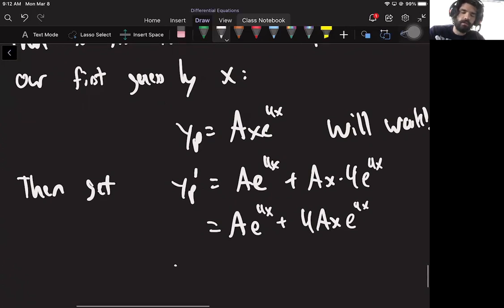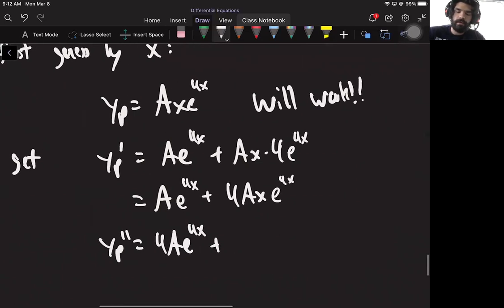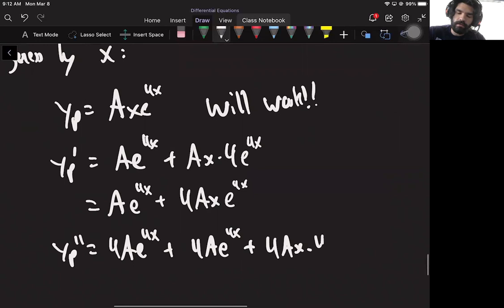I also need the second derivative. So you can see these problems will get very big very quickly. The derivative of this is 4a e to the 4x plus, derivative of 4ax is 4a, keep the second part the same, add, keep 4ax the same, derivative of e to the 4x is 4e to the 4x.